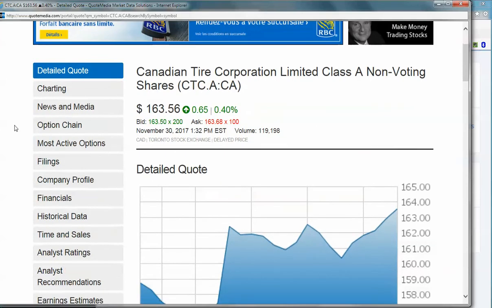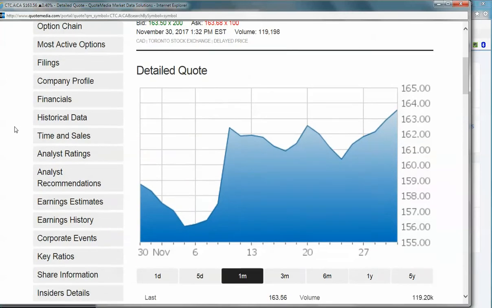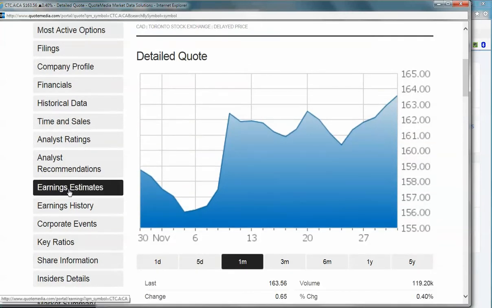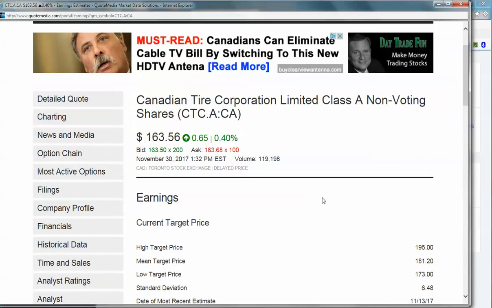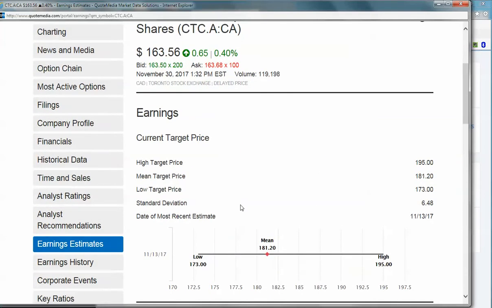But for the moment, we could take a look at the earnings estimates for Canadian Tire. And here we can see that some brokers and banks have issued price forecasts for Canadian Tire for the coming year. So we have a high target.